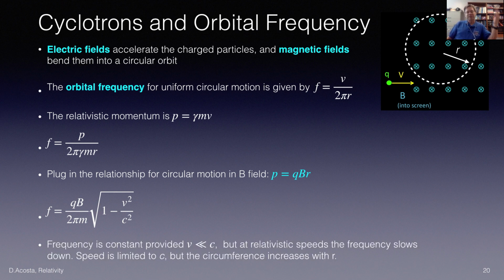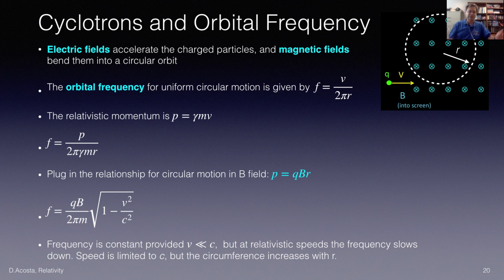Let's suppose the speed v is much less than the speed of light. If the speed is much less than the speed of light, v squared over c squared is going to be essentially 0. And so I have the square root of 1 minus 0, which is just 1. So when the speed is much less than the speed of light, the frequency of the orbit is just qB over 2 pi m, the charge, the magnetic field, the mass, and 2 pi.